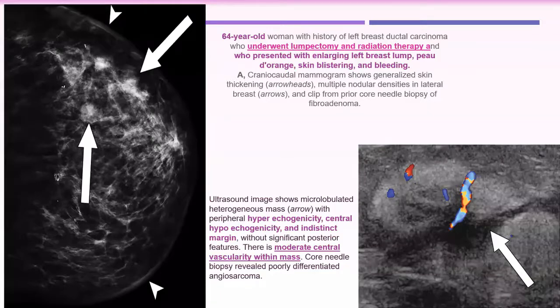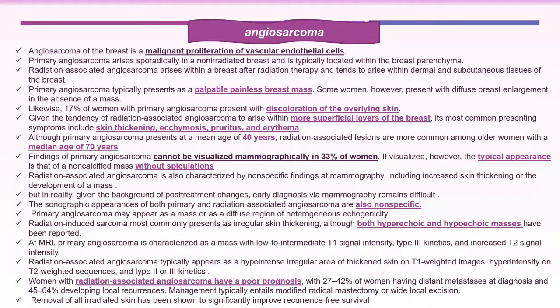The interesting point here in this angiosarcoma, we said angiosarcoma usually presents inside the gland, but in case of radiation, secondary post-radiation angiosarcoma, you will see it more superficial, like hemangioma.